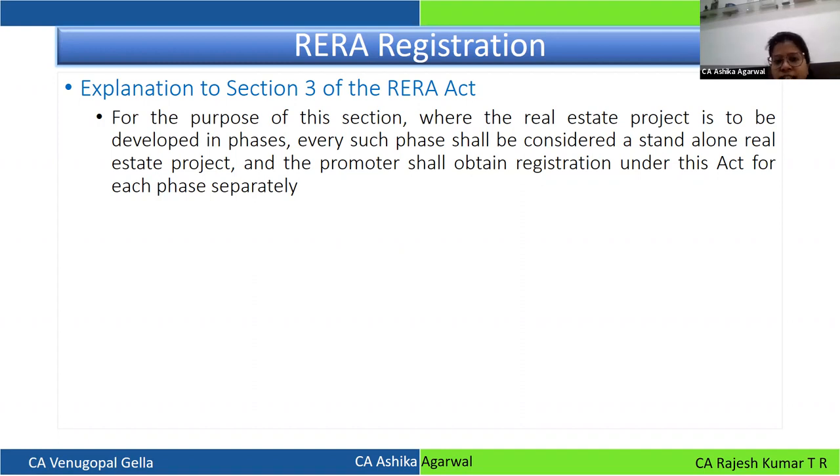Means if you are constructing 10 towers and you have taken RERA registration phase-wise, suppose for 2 towers 1 registration, again 2 towers 1 registration, then those 2 towers will be considered one single project for RERA. Now, what will happen under GST? Whether in GST the 10-tower construction as a whole will be regarded as one project, or like under RERA, as you are following 2 towers, 1 project, 1 RERA registration, it will be regarded as 5 projects. That is what we are now going to look into.